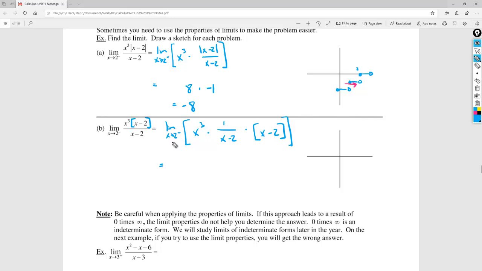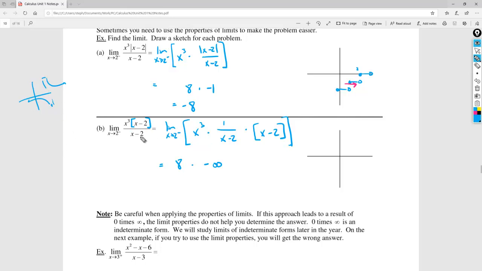I already know the limit as x approaches 2 from the left of x cubed is going to be 8. I already know that the limit as x approaches 2 from the left of 1 over x minus 2 is going to be -infinity. If you have trouble visualizing that, think about the graph. I'm approaching 2 from the left, so I'm going to go down.